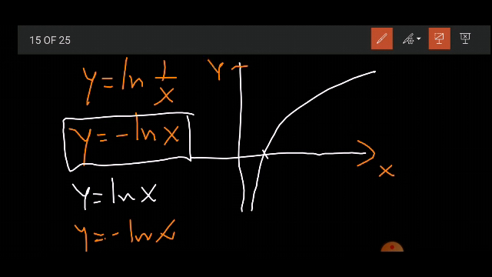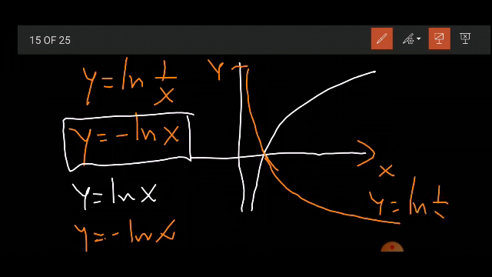The portion which is in the positive region comes in the negative region like this, and the portion which is in the negative region comes like this. It is just like log x base a, where a is a fractional base. Here a is a positive base, as this is the graph of ln x and this is ln of 1 by x. So finally this is the graph of y equal to ln of 1 by x, and you know this is the graph of y equal to ln x.